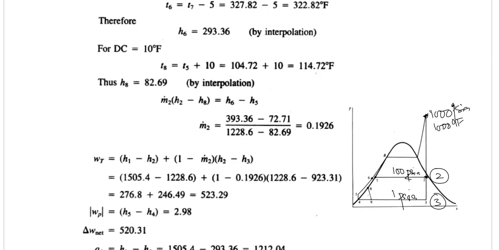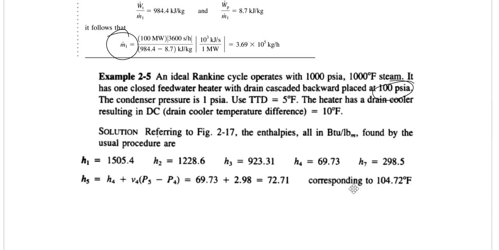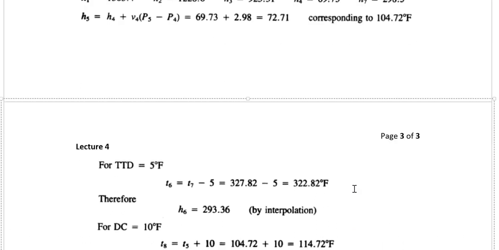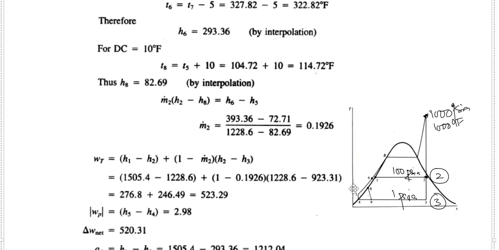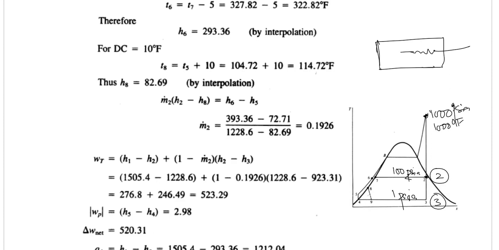Now it has the terminal temperature difference, TTD, of 5 degree Fahrenheit and a drain cooler temperature difference of 10 degree Fahrenheit. So let me say what actually the terminal temperature difference is. Discussing the previous schematic diagram, we have drawn the closed feed water heater like this. We were having feed water at state 5 and then leaving at state 6, and the temperature at state 6 was elevated.